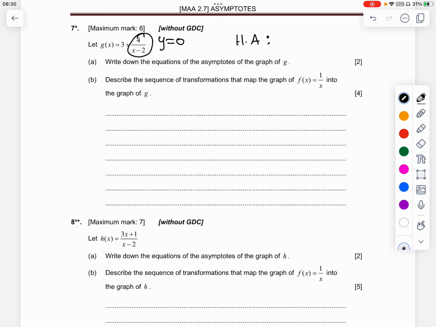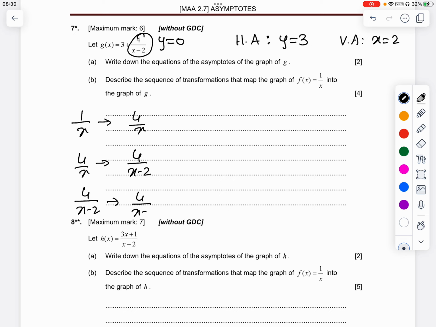Describe the sequence of transformations of 1 upon x to this one. So 1 upon x becomes 4 upon x. 4 upon x becomes 4 upon x minus 2. 4 upon x minus 2 becomes 4 upon x minus 2 plus 3. These are the 3 steps. So for that, what am I going to write?